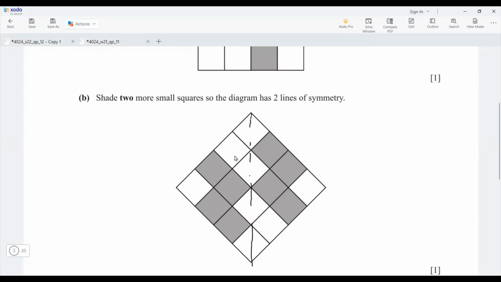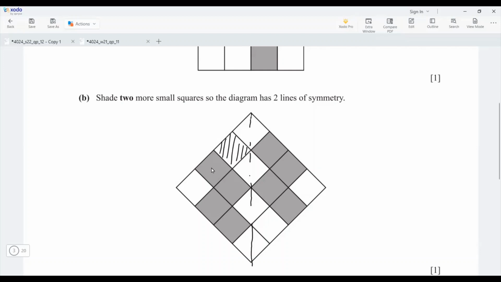So you can see at this position, this square is shaded. After this mirror line, the same position must also be shaded. Once this is shaded, this square is at the same position on the other side of the mirror line. So if we shade this, then it is satisfying.